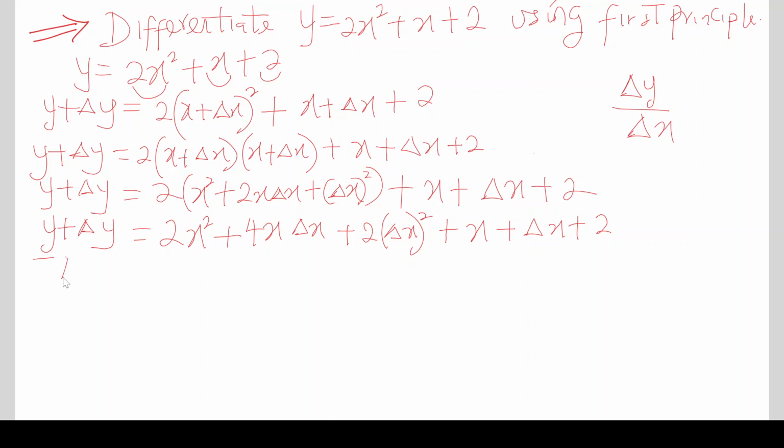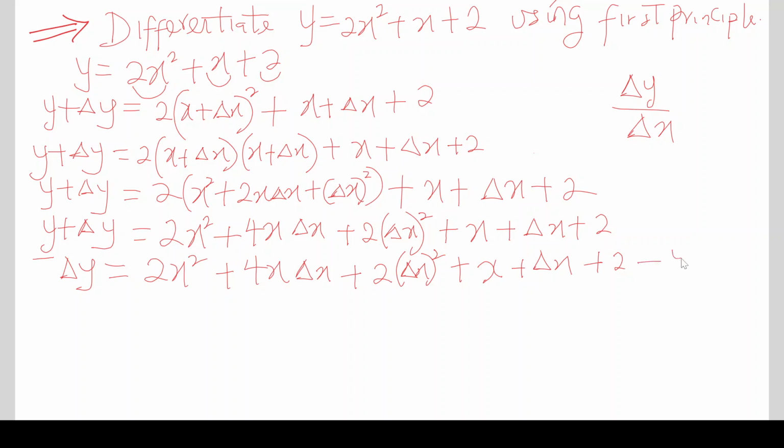So we have delta y equals 2x squared plus 4x delta x plus 2 delta x squared plus x plus delta x plus 2, then minus y, and we substitute the value of y, which is 2x squared plus x plus 2.